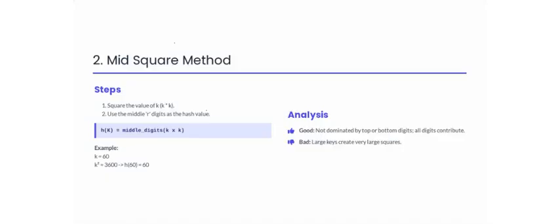is the mid-square method: squaring the value of k, that is k into k, and using the middle digits as the hash value. See here, k into k, the hash of k is 60. Here also we have some advantages and disadvantages.